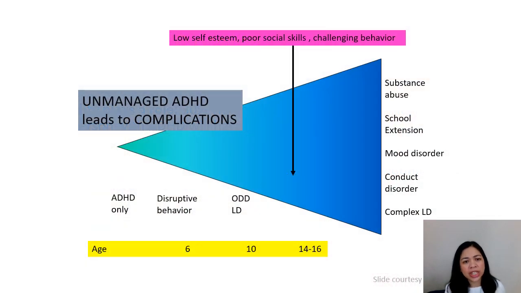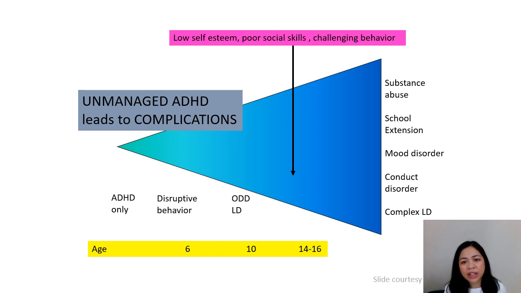Unmanaged ADHD can lead to complications. That is why we really need to identify these kids early so that we can intervene and prevent these complications. What are these complications? Early on, there's ADHD only, but as they grow older, they can have disruptive behavior, and later on, they can have oppositional defiant disorder or a learning disability.